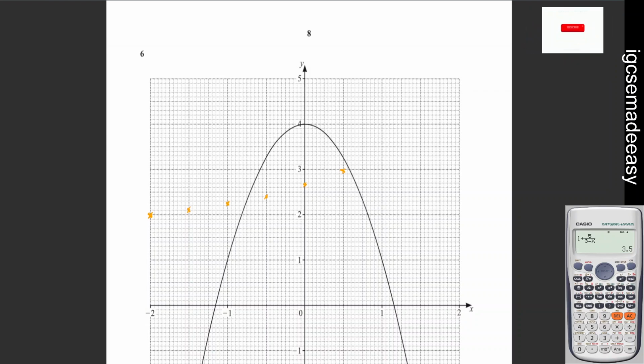Then we have 1 and 3.5, which will be somewhere here. Then 1.5 and 4.33, which will be somewhere here. So we have to join this into a curve. We make sure that it is a little smooth, like this.